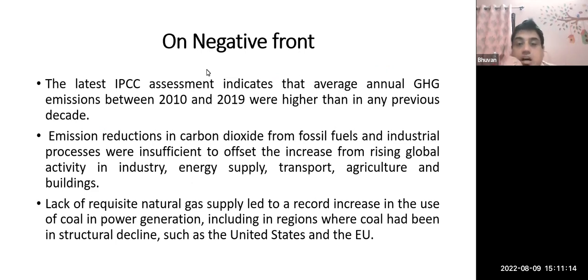So basically, carbon dioxide is a major contributor towards global warming, and the offsets are proving insufficient because there is a rise in global activity concerning industries, energy supply, transport, agriculture, and the building sector.